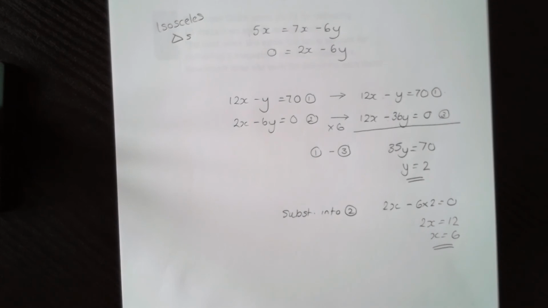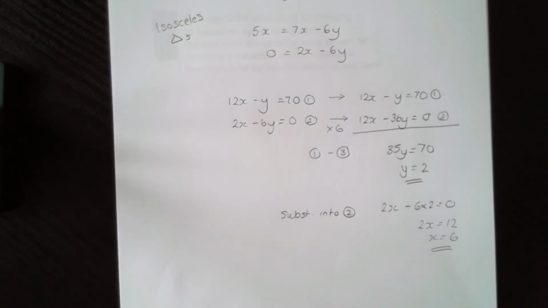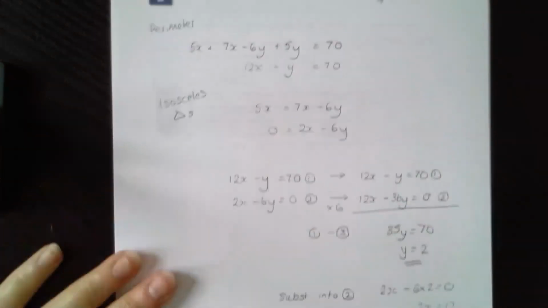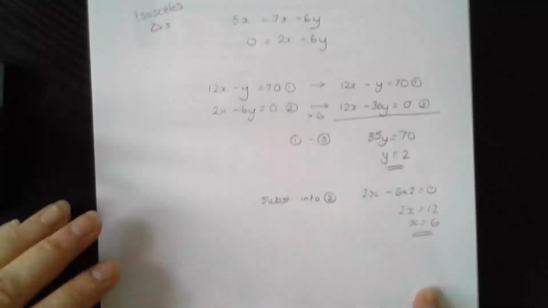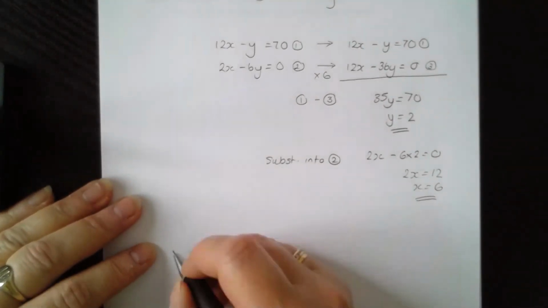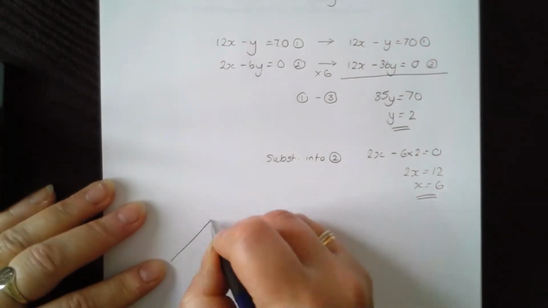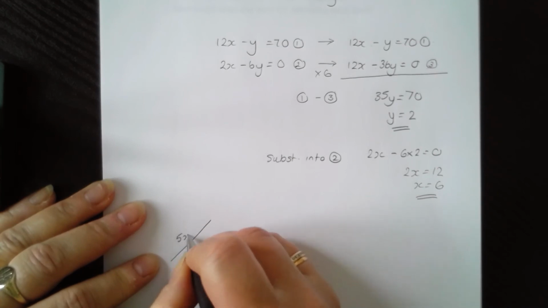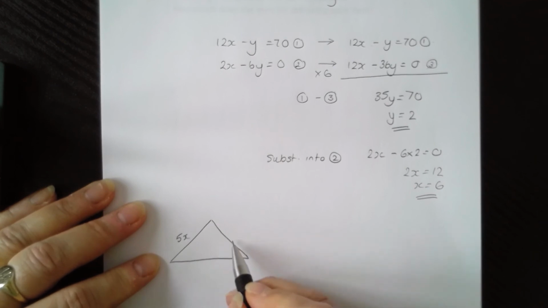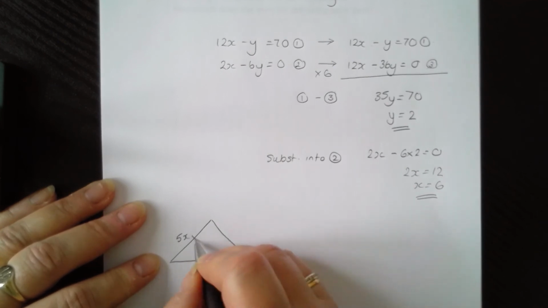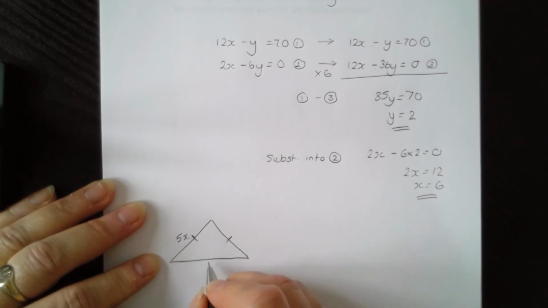There we go. But I haven't answered the question, because the question said, how long is each side? So my triangle, 5x, and that's 7x minus 6y, but I know it's exactly the same as that, and this one here is 5y.